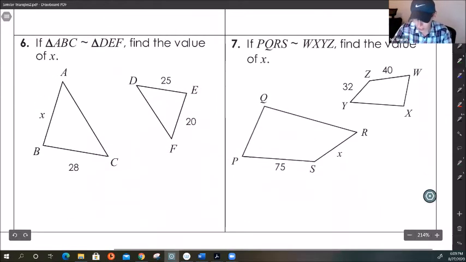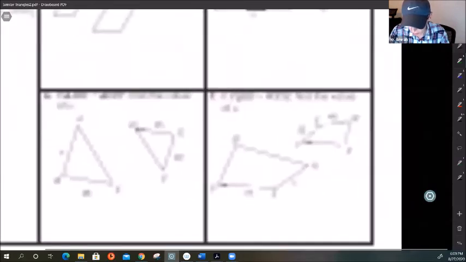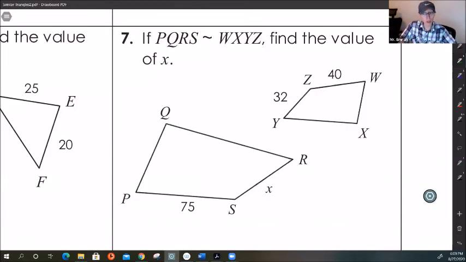All right, finding missing side lengths here. These ones are very easy, I think. So let's do 7. If PQRS quadrilateral is similar to WXYZ, find the value of x. Are you guys done already? Put your answers in the chat.